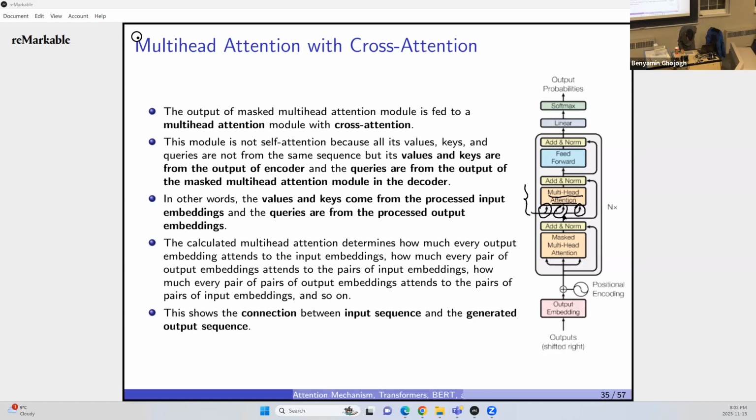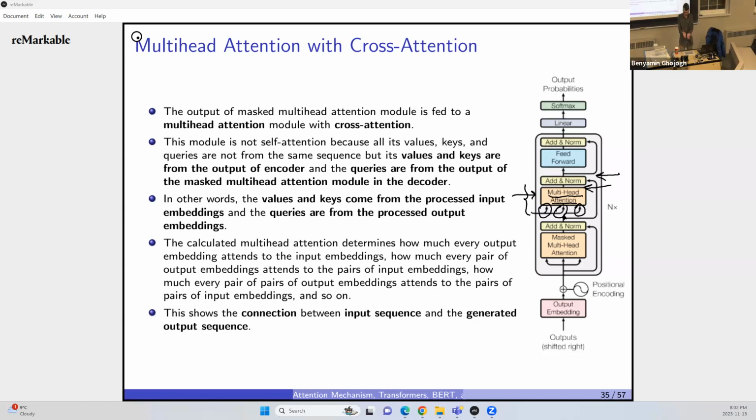Now, we talked about this. Then we are here. Again, addition and normalization. Again, residual learning and batch normalization. So now we are here. By the way, this is also multi-head attention, multi-head cross attention. What does it mean?